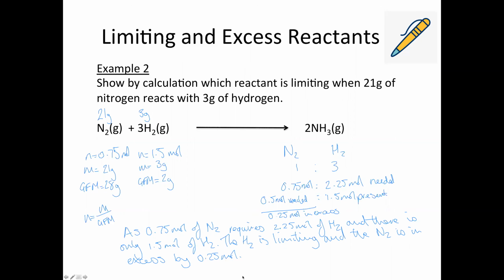Okay, so that sentence really is just putting what you've done with the mole ratio situation here into words. So if you imagine you were trying to explain it to somebody who doesn't really understand what this mole ratio thing means.